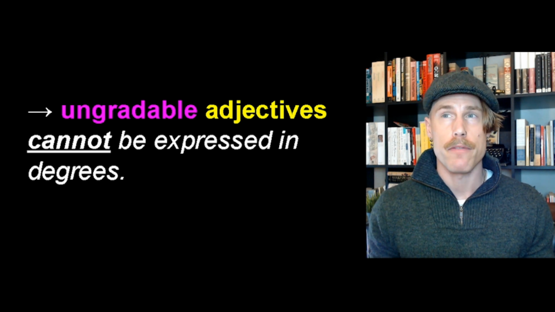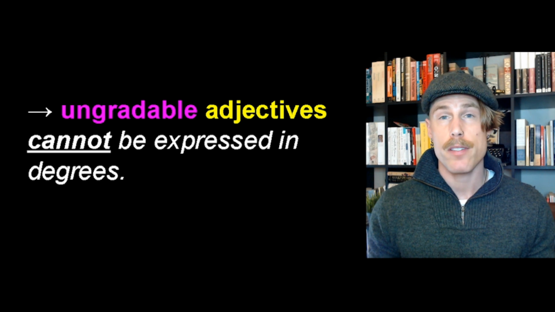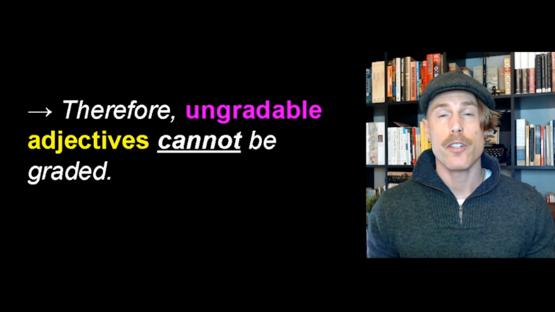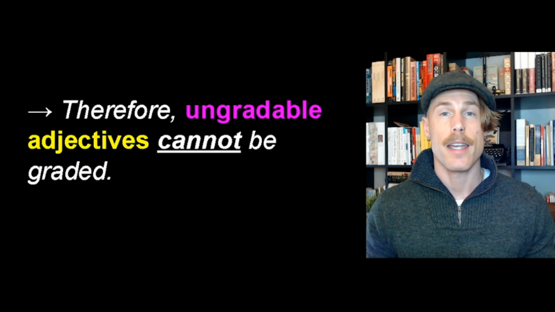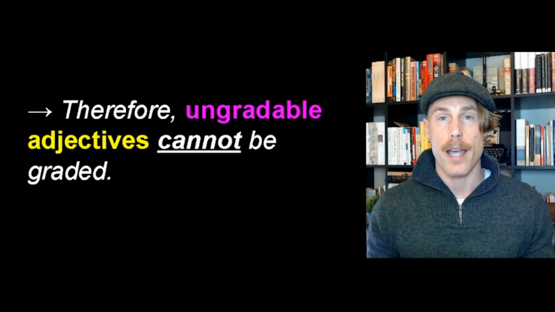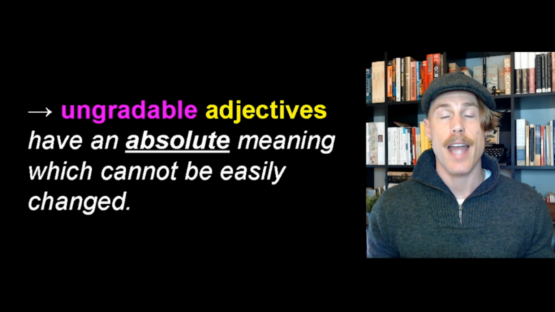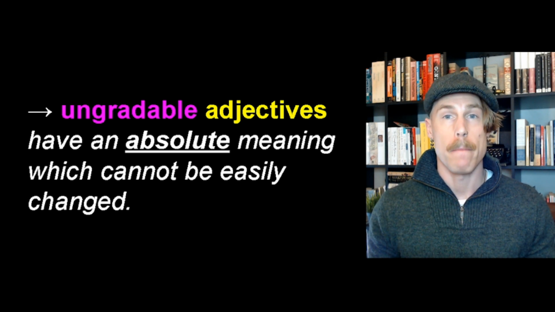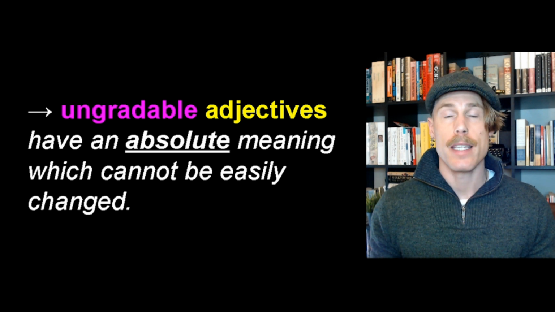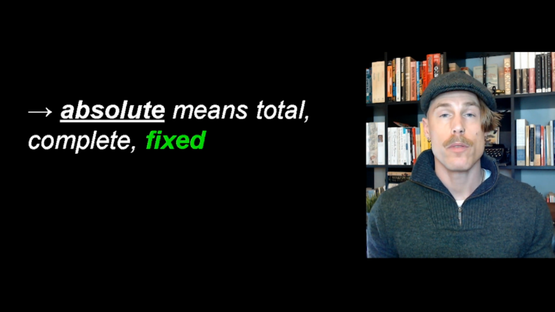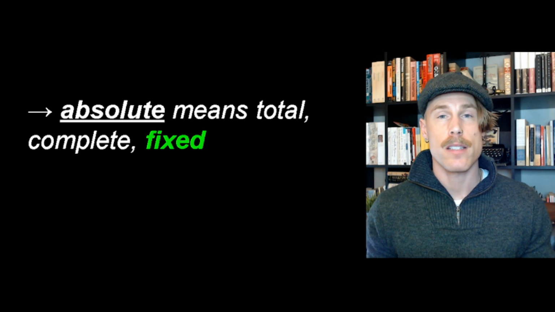Ungradable adjectives cannot be expressed in degrees. Therefore, ungradable adjectives cannot be graded. They cannot be modified. Ungradable adjectives have an absolute meaning, which cannot be easily changed. Absolute means total, complete, fixed.